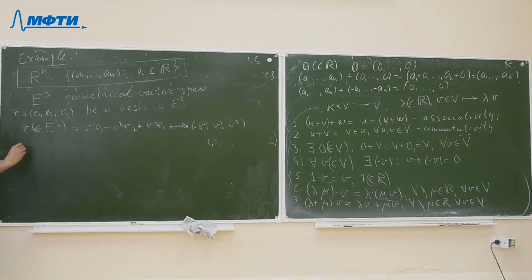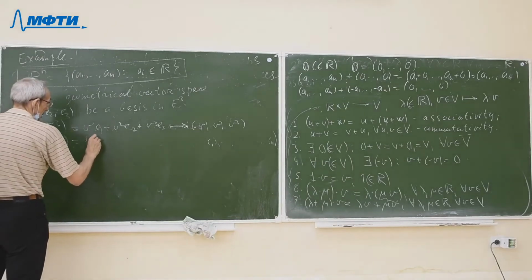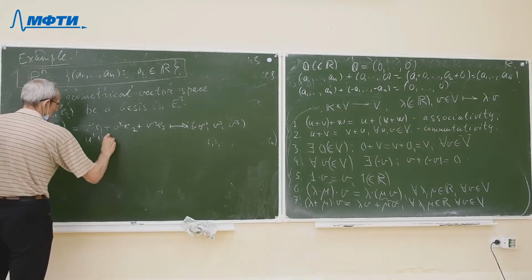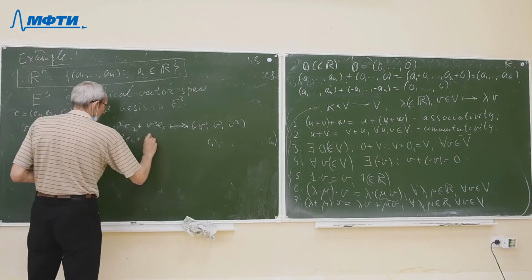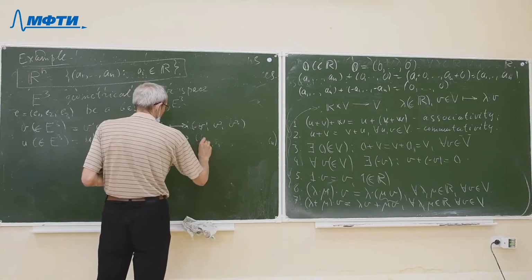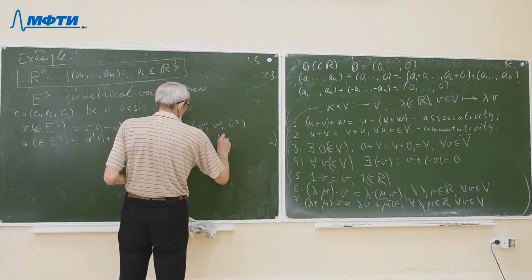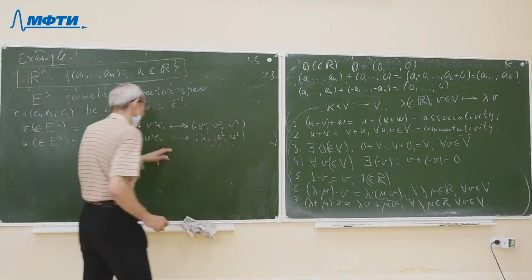If we have two vectors v and u, other arbitrary vectors of this vector space, we can also correspond to these vectors their decompositions on basis vectors and correspondingly their coordinates.